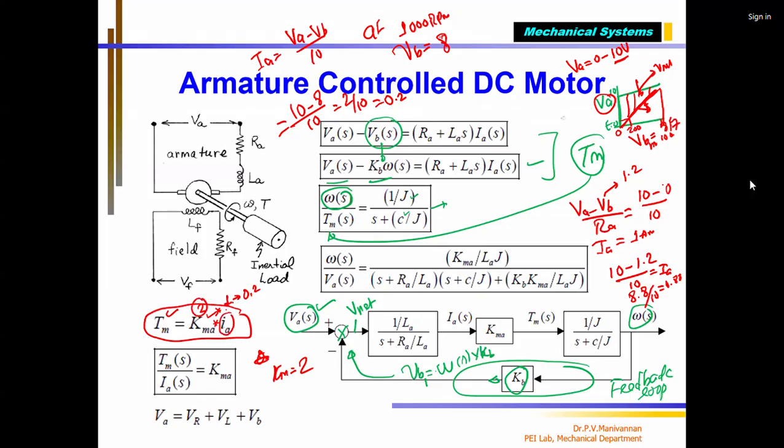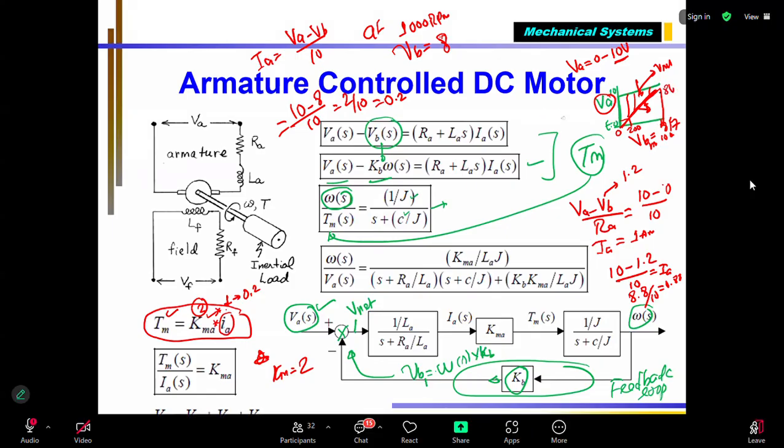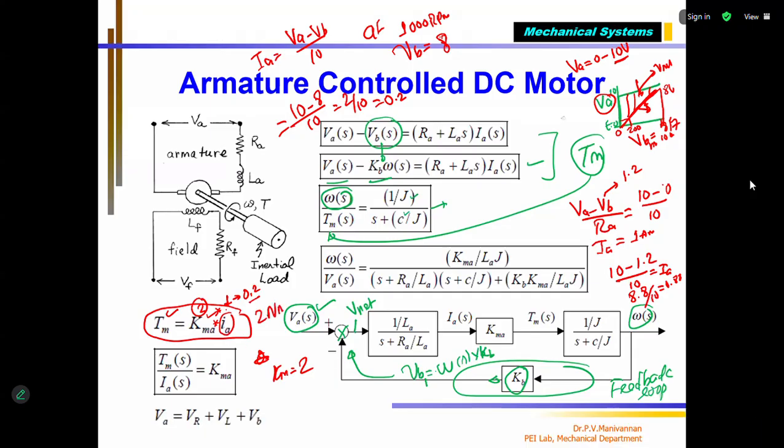So maximum torque is the starting torque. As the motor speed increases, the back EMF is increasing. Back EMF at 1000 RPM, I told you, is 8 volts. 10 minus 8, 2 volts, divided by RA equal 10, then current becomes 0.2. So initially the torque was 2 Newton meter when back EMF was 0.